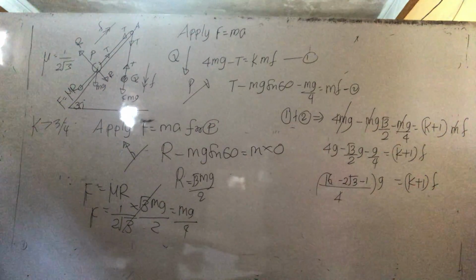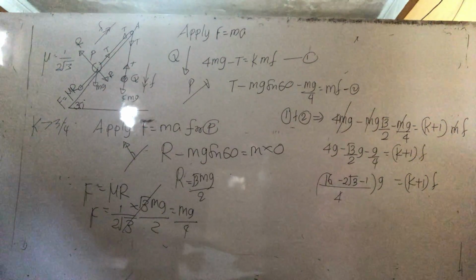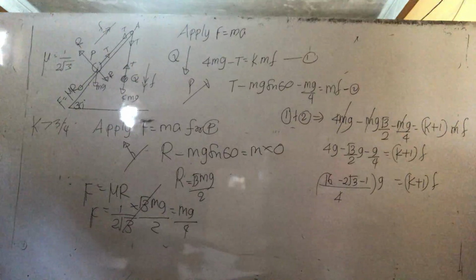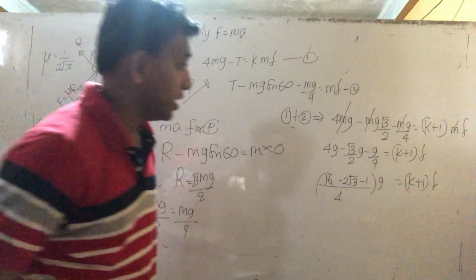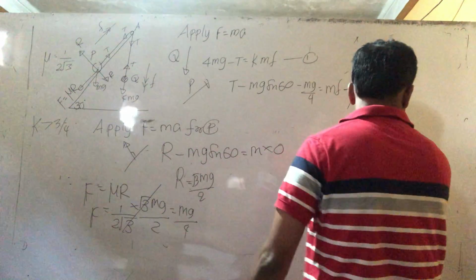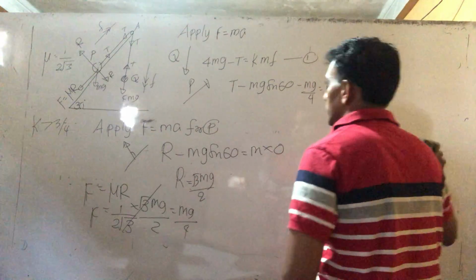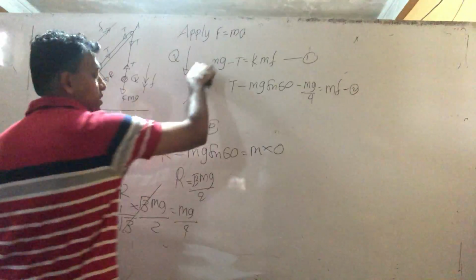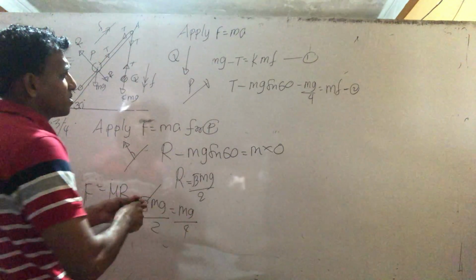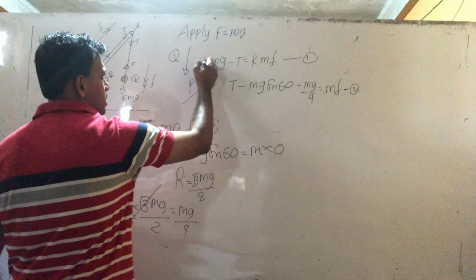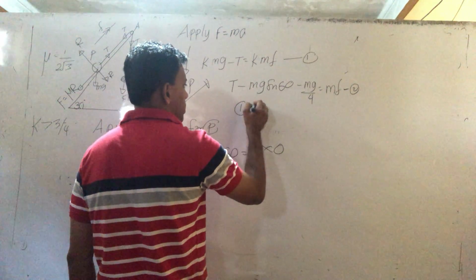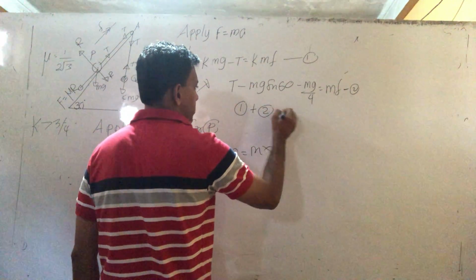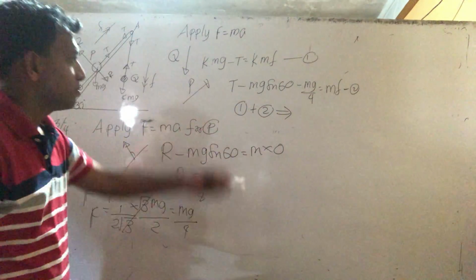Yes, I missed that k problem. K is a problem, you can check it yourself. See, actually it is kmg. One missing term and everything is a problem. So if I add 1 plus 2, the T cancels. Time waste, my issue.